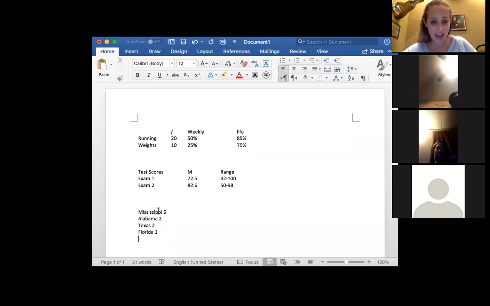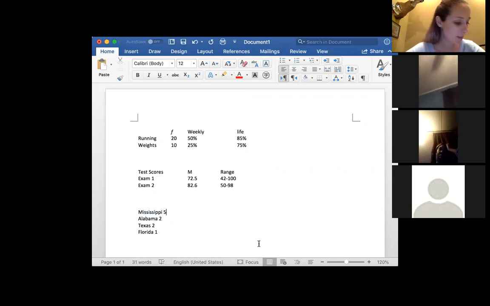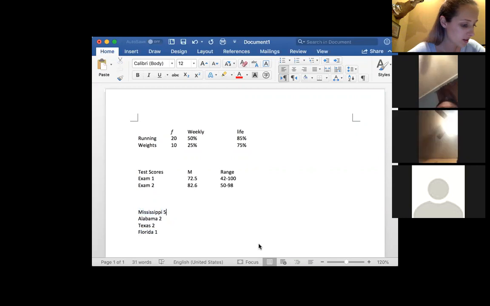You can say that 5 people are from Mississippi, 2 from Alabama, 2 from Texas, and 1 from Florida. So is it mode? Good. So the average person in the class is from Mississippi, because there are 5 of them. So this is what you think about: if it's a number, then you can do a mean. You can't do a mean here. Okay.